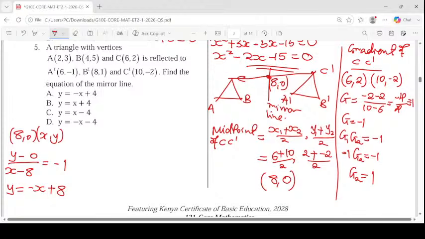Let me just have another look at it so that we can clearly get what we want. We had coordinate C as 6, 2, and C prime was 10, negative 2.